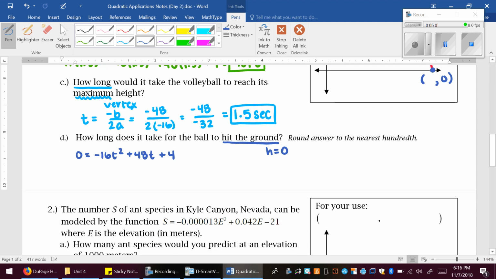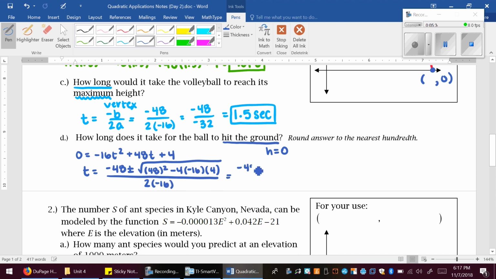I can try factoring. Real world problems are not the best to factor, so I'm going to do the quadratic formula. The opposite of 48 plus or minus the square root of 48 squared minus 4 times negative 16 times 4, all over 2 times negative 16.